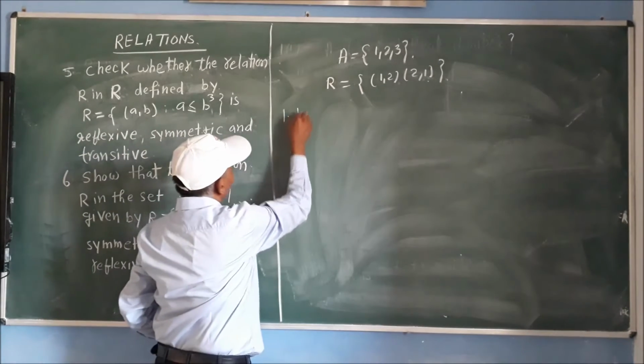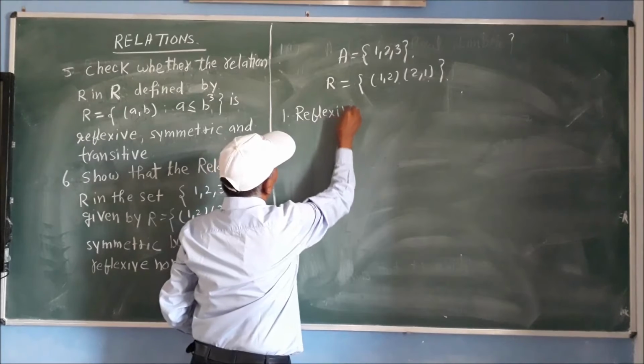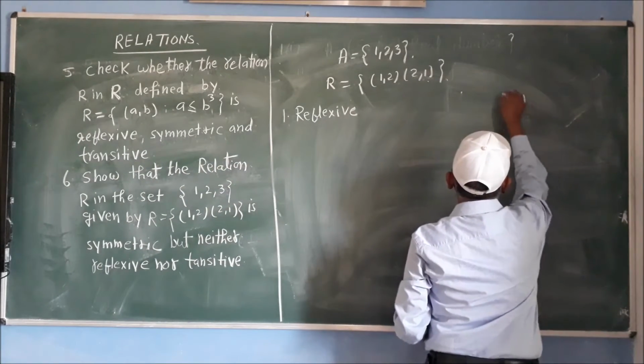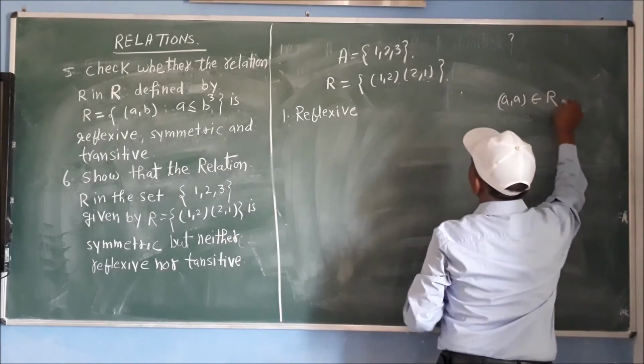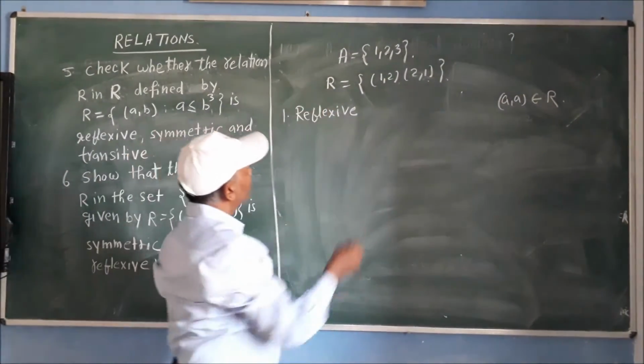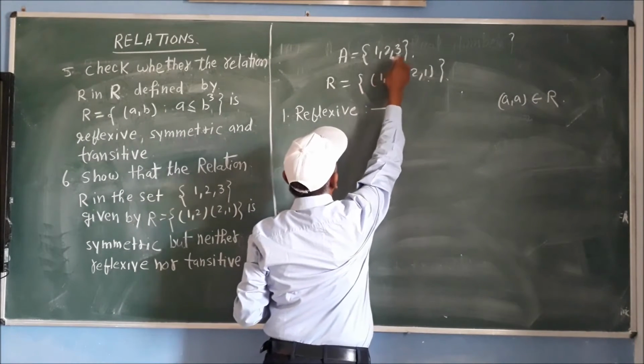So first we check reflexive. For reflexive, as we know, (a,a) belongs to R, that is, a number is related to itself. So here the elements are 1, 2 and 3.